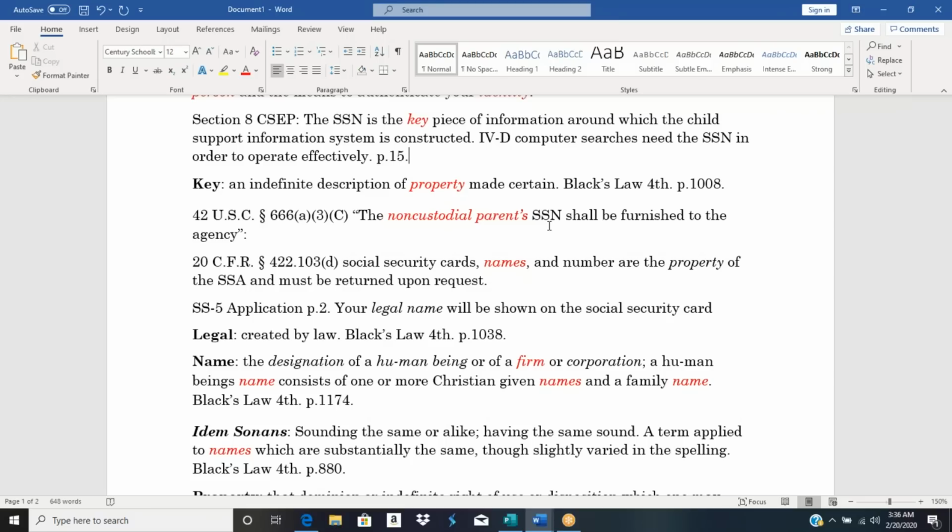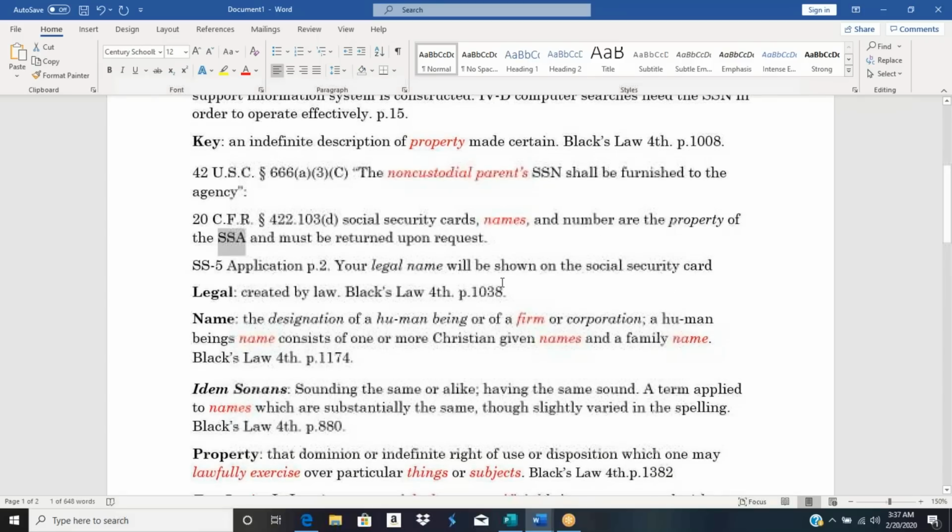So if that's the non-custodial parent's Social Security number, then the non-custodial parent is the Social Security Administration. There it is. It ain't your card. It ain't your card. That's why I keep telling you to flip that lien back to the owner.